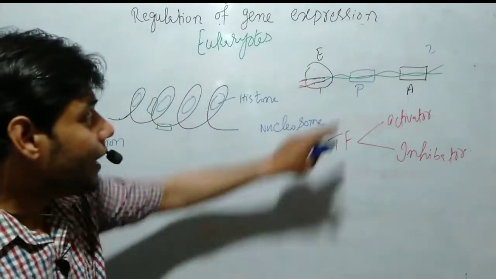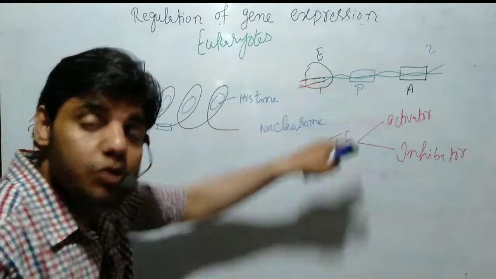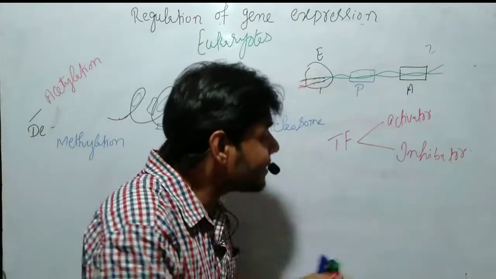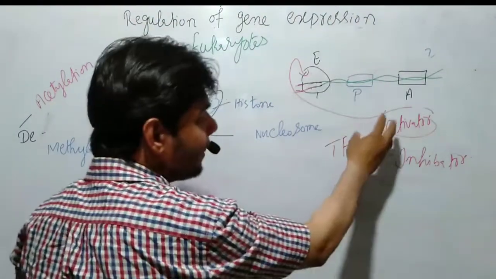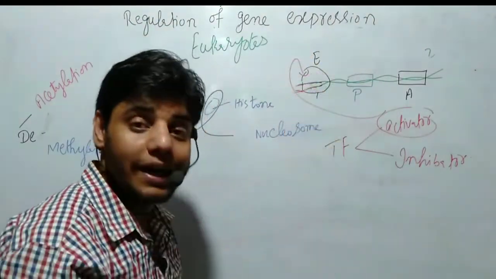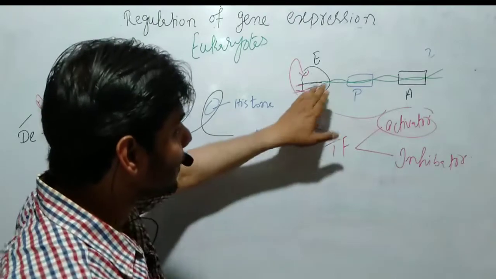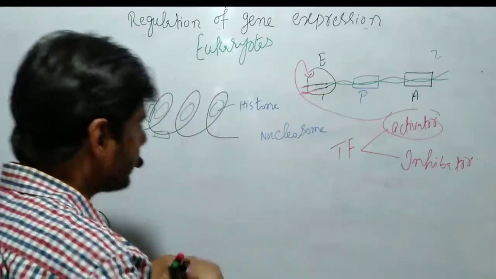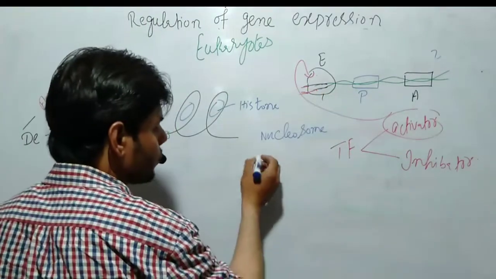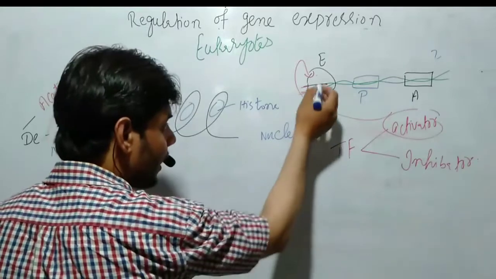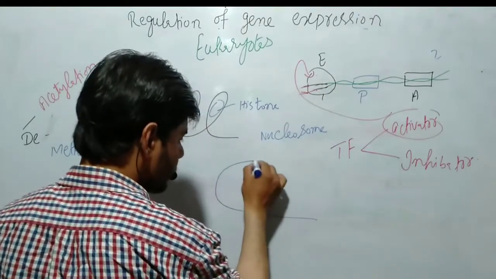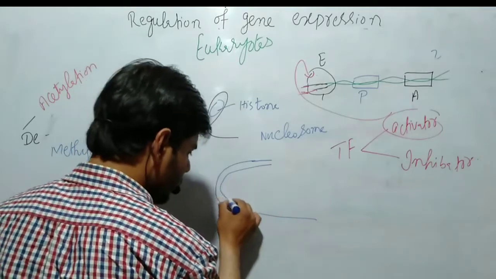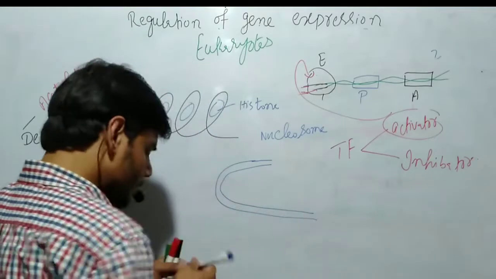At the enhancer sequences, the activator protein binds. When the activator protein binds to the enhancer sequences, it causes the DNA to bend. So let's suppose this is the DNA, and when the protein binds, it will be converted into this shape.